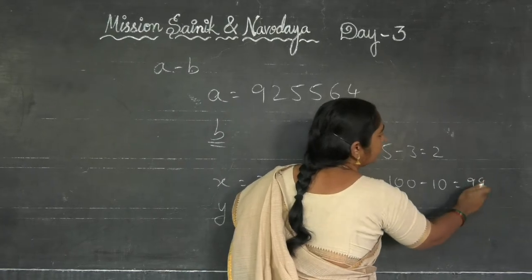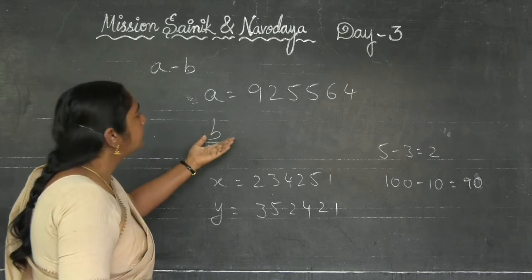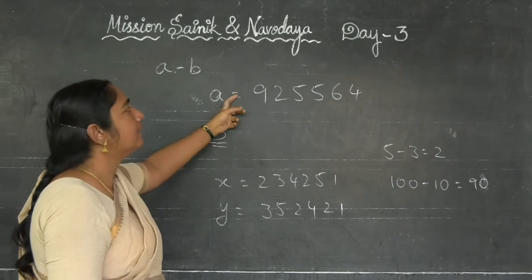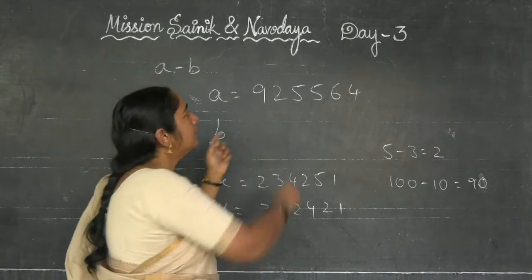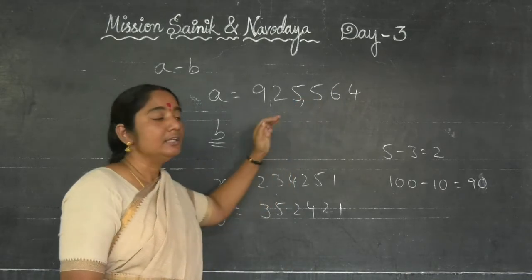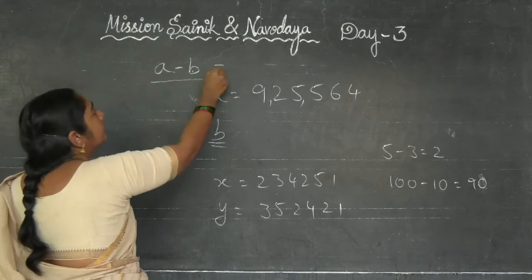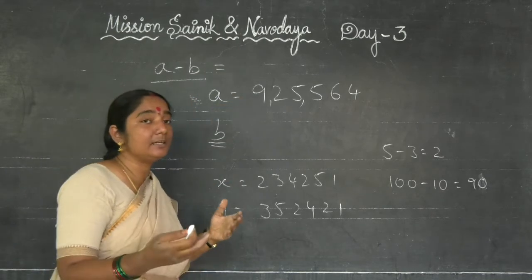That is 90. I think now you understood. Subtract some number from this number. He has given the number as 9,25,564.